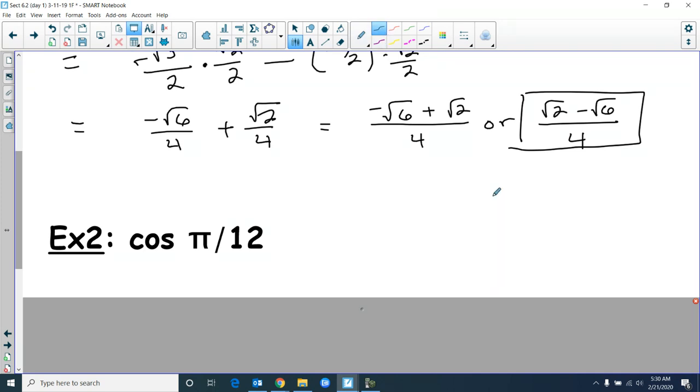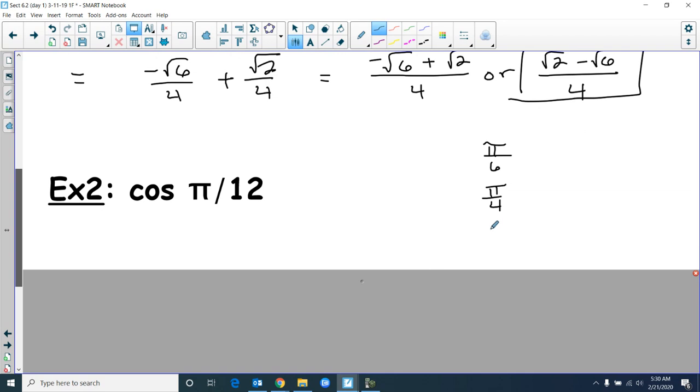We know the answers for pi over 6, which is 30 degrees, pi over 4, and pi over 3. Well, I'm going to give these common denominators of 12.